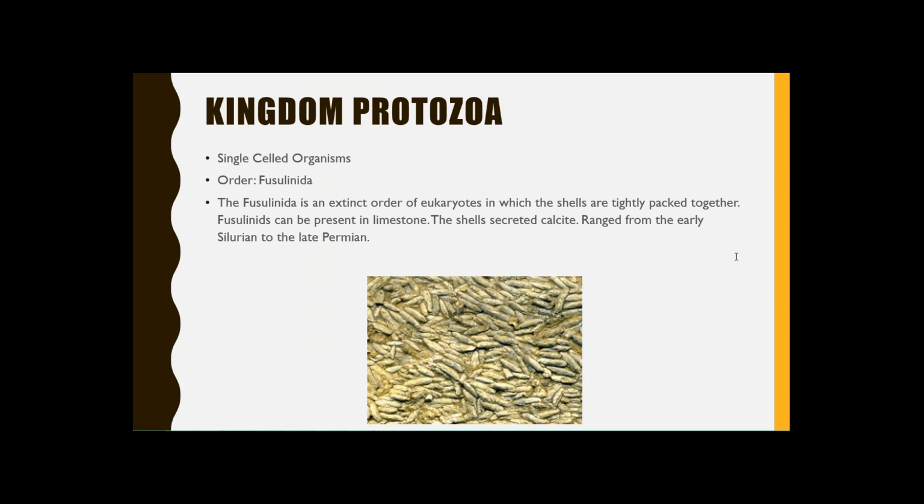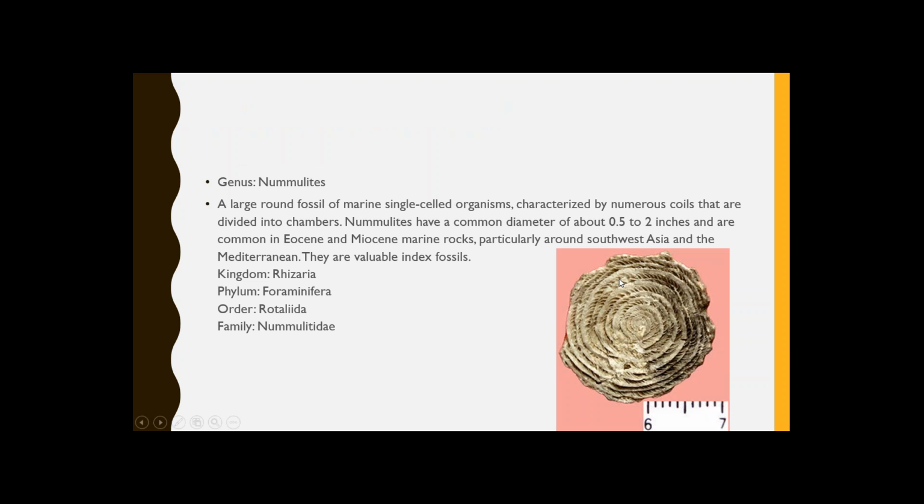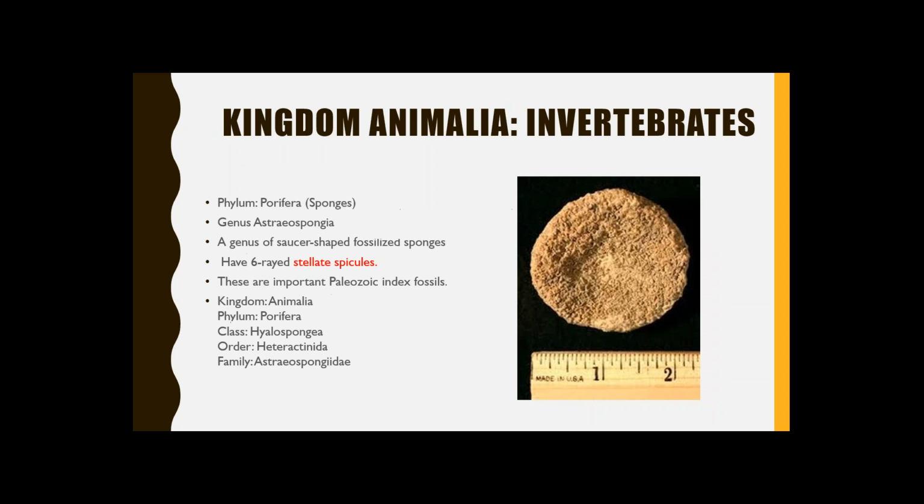Okay, so this first one is single-celled organisms, and they're called fusinillids, and they live in these compact rocks that kind of look like rice. Okay, so pretty quickly, this one, the nummulites, hopefully you saw the photos of them, and again, are single-celled organisms, and those are basically the only 2 you need to know for protozoa.